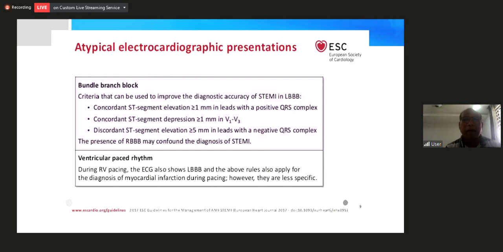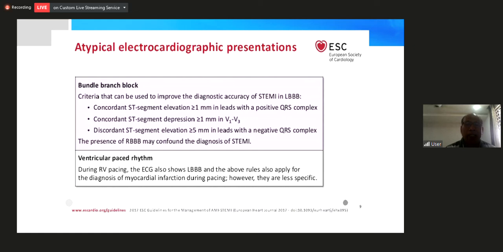Sometimes the patient can have an atypical presentation, for example, in this patient, LBBB. LBBB is difficult for you to diagnose whether the patient has AMI or not. Sometimes the patient presents with LBBB and chest pain, and you don't know whether this is LBBB with myocardial infarction or not. Then these criteria can be used to improve the diagnostic accuracy of STEMI in LBBB.